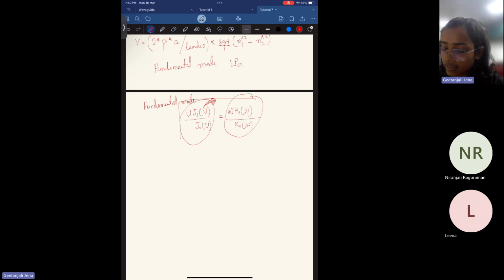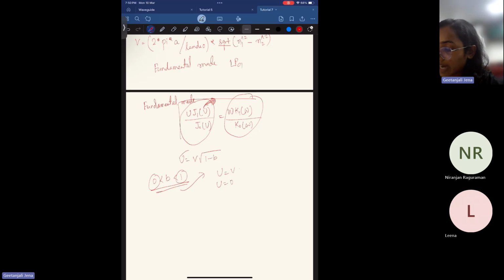So how can you calculate the allowed value of U? You know that U is V root over of 1 minus B, and B lies between 0 and 1 for the guiding mode. So what will be the range of U? When B is 0, U is V, and when B is 1, U is 0.